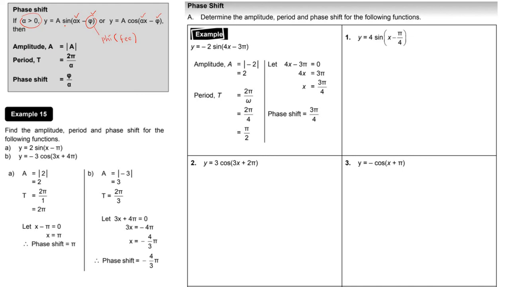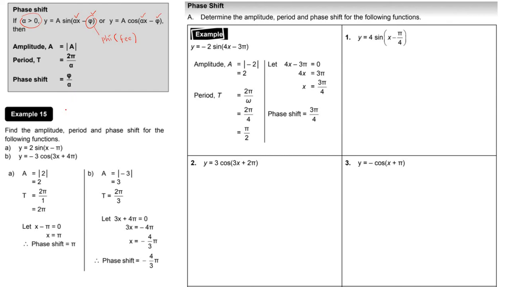Amplitude. Okay, from the equation to find amplitude, modulus A. To find period, 2 pi over alpha. Okay, one new thing here is how to find phase shift. Phase shift, phi over alpha.